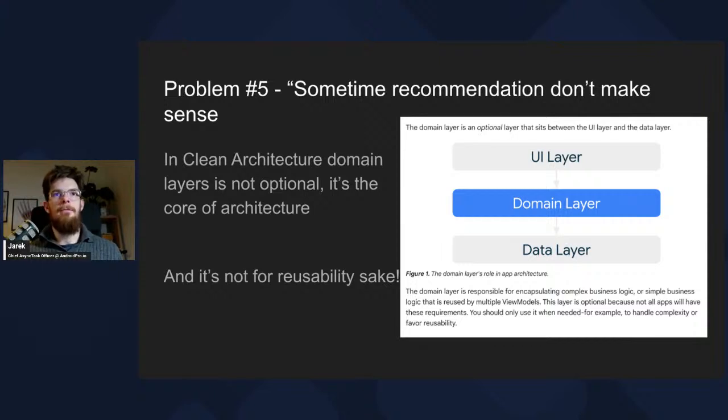So perfectly, this domain layer could be reused between Android, iOS, in some cases with other front-end platforms, and eventually this could be shared as a Kotlin Multiplatform Mobile module.